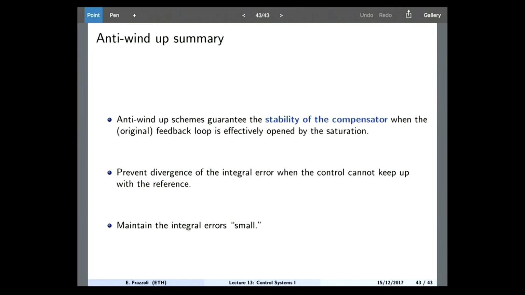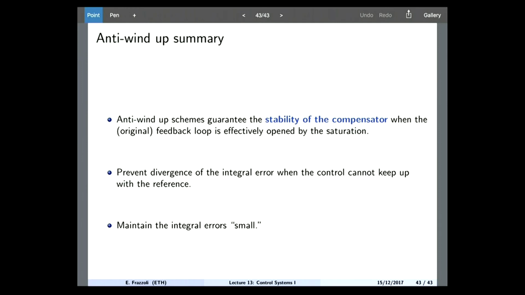In summary, anti-wind-up schemes guarantee the stability of the compensator when the original feedback loop is affected by saturation. What is the effect of saturation? Once your input saturates and you're pushing your pedal to the metal, essentially you're removing the feedback, because at this point there's nothing you can do. The pedal will not move.